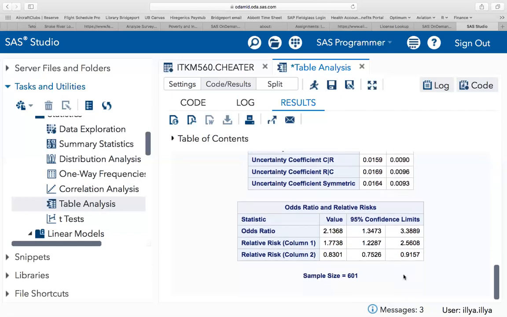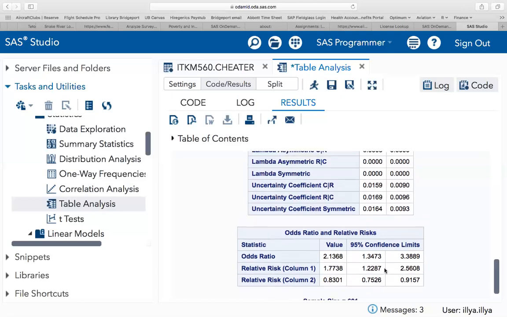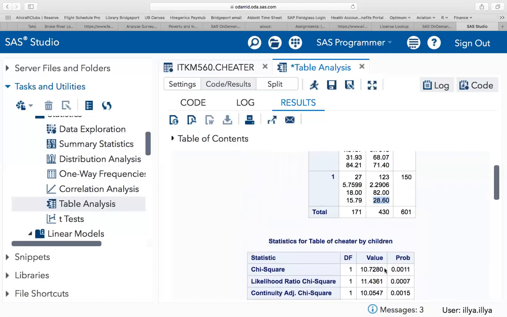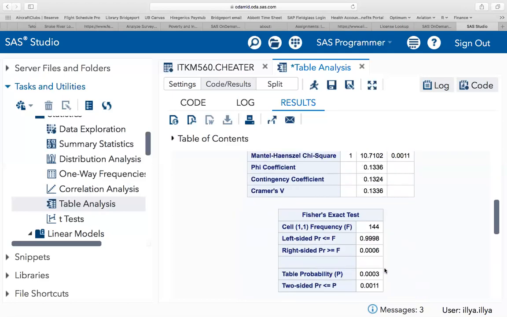Look at what I have here. I have relative risks. I have an odds ratio. Anybody have an idea how these odds ratios are calculated? Or relative risk? So let's figure this out.